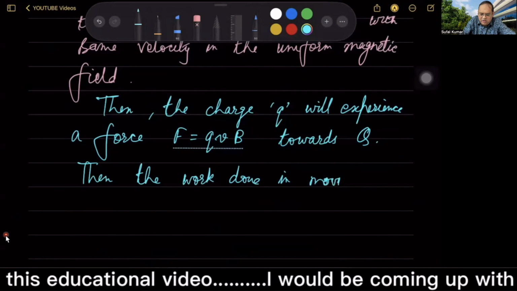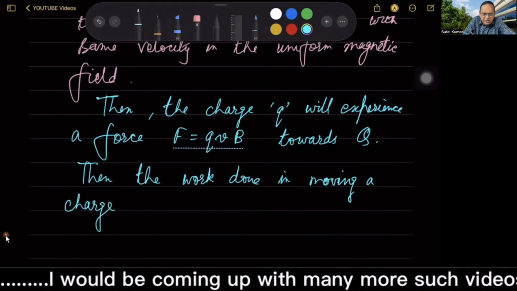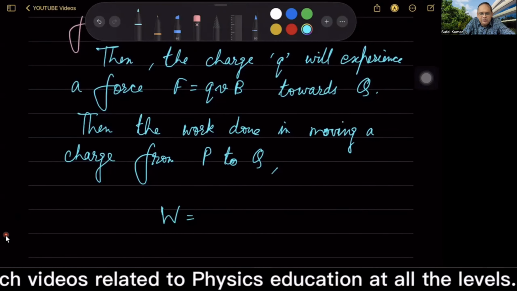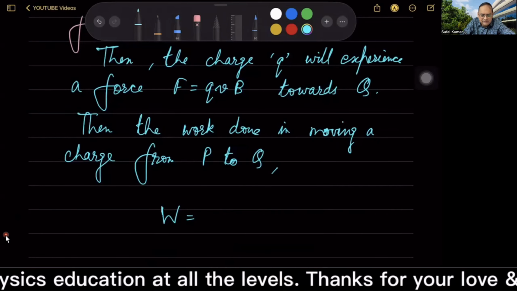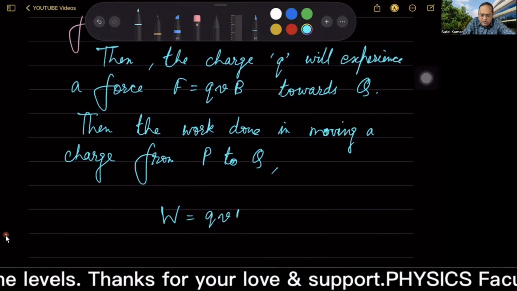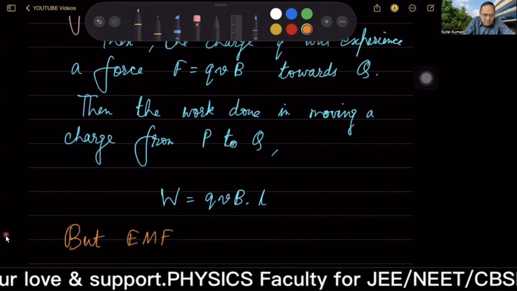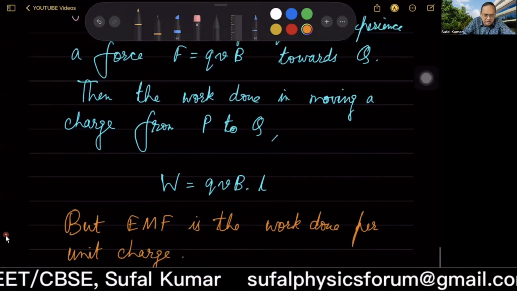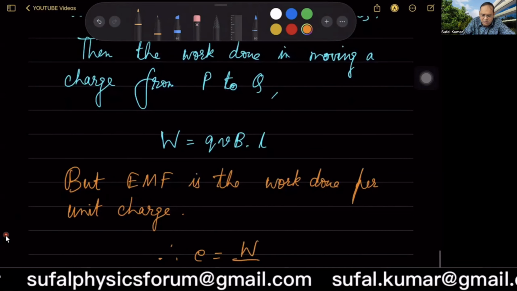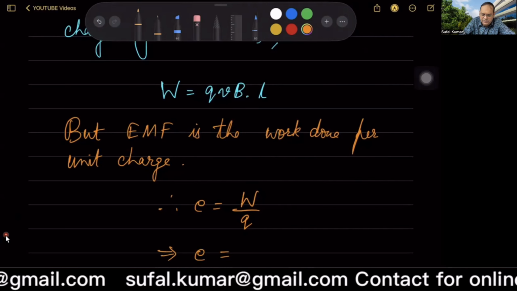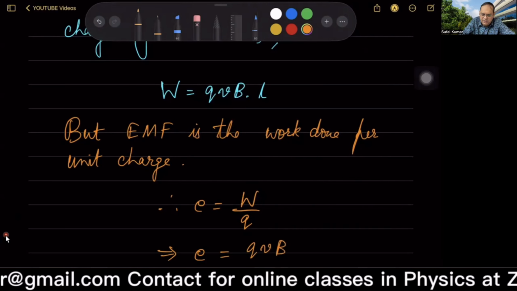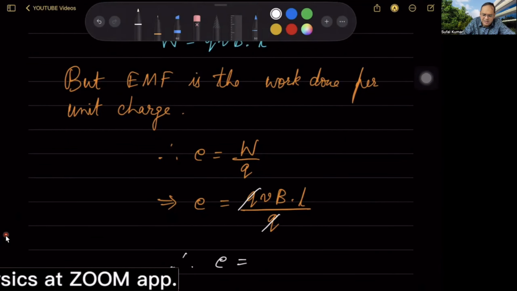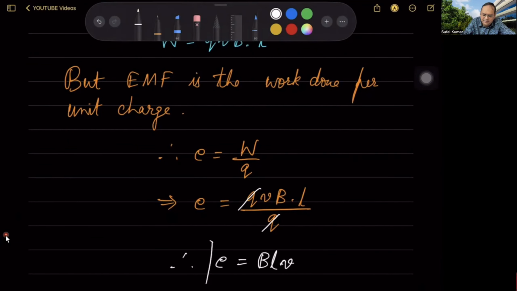Work done in moving a charge from P to Q is equal to force into displacement, and force is QvB, but EMF is the work done per unit charge. Therefore, E is W by Q. W is QvB into L upon Q. Therefore, E is BLv.